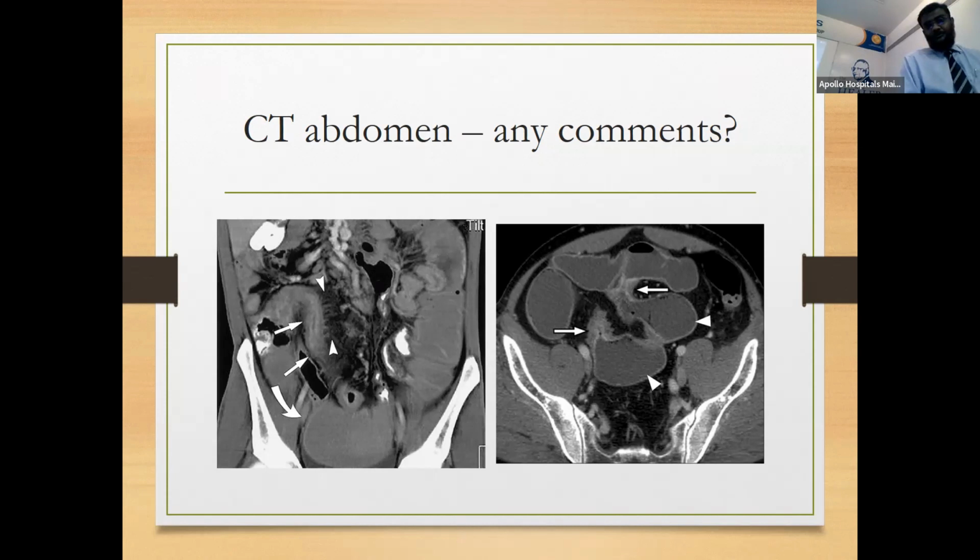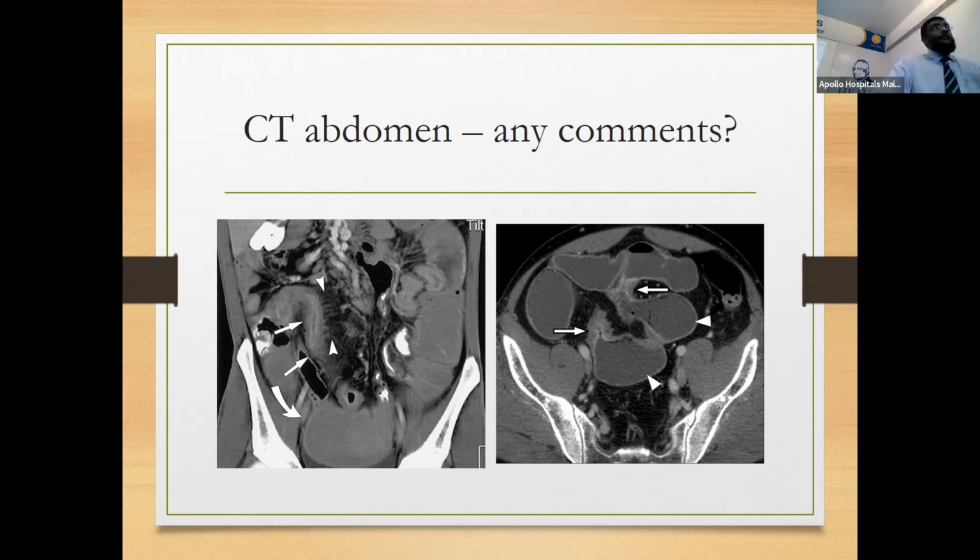What do you think of the bowel wall? You talked about the narrowing, but what do you think of the thickening? Yes, those are important things. And of course, the bowel proximal to it is dilated. Okay, so we have three important features here. One is grossly dilated bowel with an air fluid level. There is an air fluid level right on the top. There's a long narrowing of the bowel.